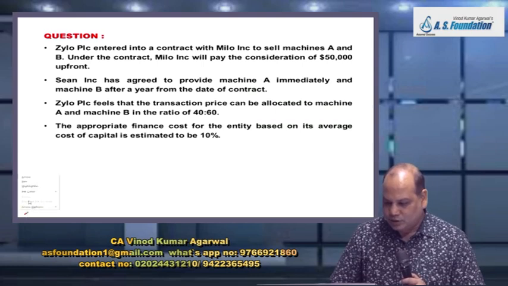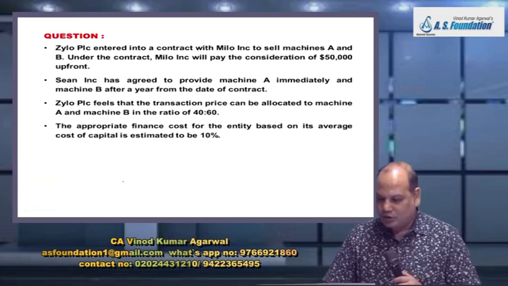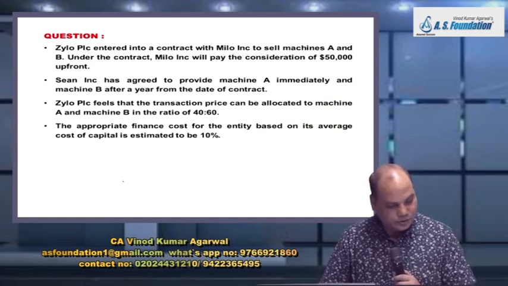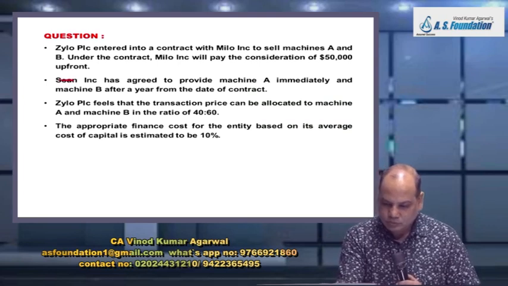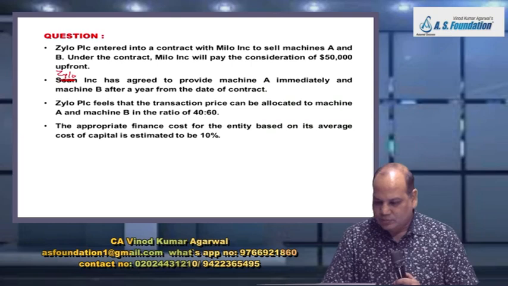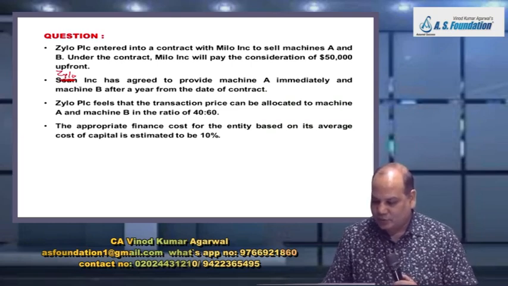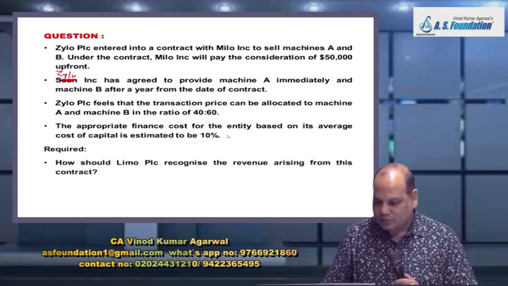Xylo feels that the transaction price can be allocated to machine A and B in the ratio of 40:60. The appropriate finance cost for the entity based on its average cost of capital is 10%.